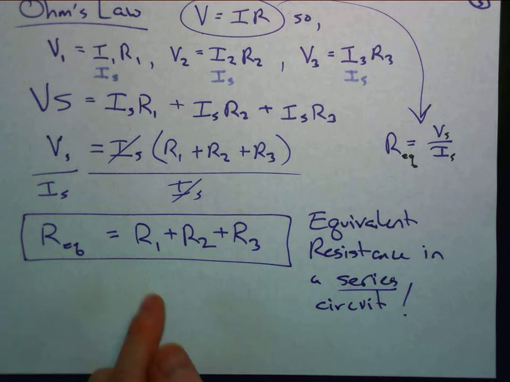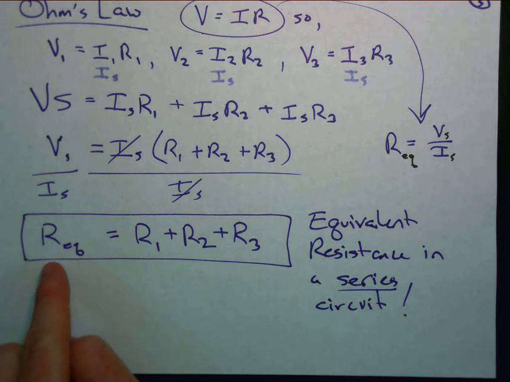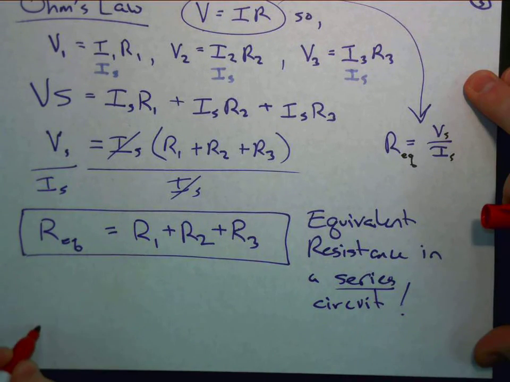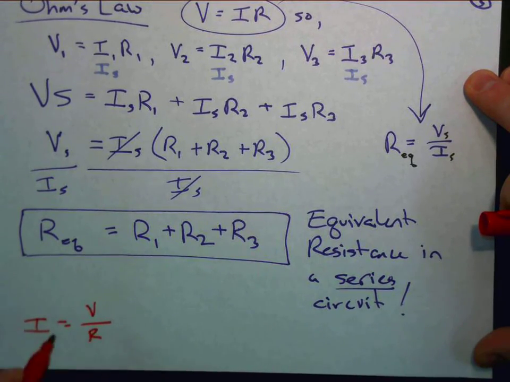Notice that adding resistors in series will increase the overall resistance of the circuit. And therefore, if you increase the overall resistance, remember how we sort of prefer to write Ohm's law? Current is the one that depends on voltage and on resistance.